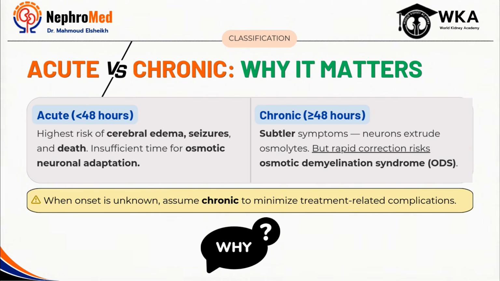If chronic hyponatremia is corrected too rapidly, water suddenly leaves brain cells, and that can lead to osmotic demyelination syndrome, or ODS. And honestly, this is one of the biggest treatment minefields in nephrology and critical care. That's why when the duration is unclear, we usually assume that hyponatremia is chronic unless there is strong evidence otherwise, because being overly aggressive with correction can be catastrophic.